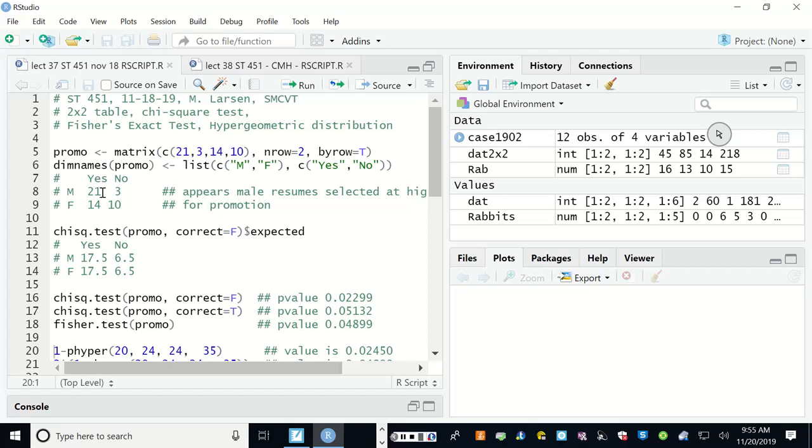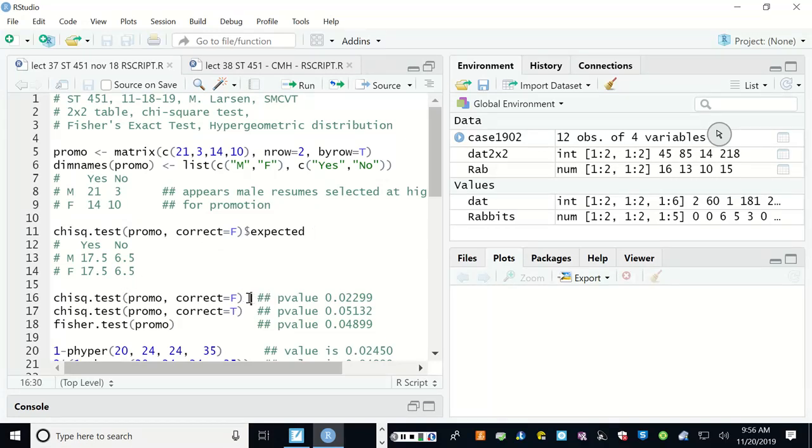And it appears that male resumes were accepted more, so it's one study of possible bias. The table margins are 24, 24, so they're equal. If it's independent, we'd expect it to split equally across males and females, the yeses and noes, but there's obviously a difference.